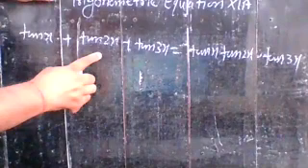Here you have to solve tan x plus tan 2x plus tan 3x is equal to tan x into tan 2x into tan 3x.